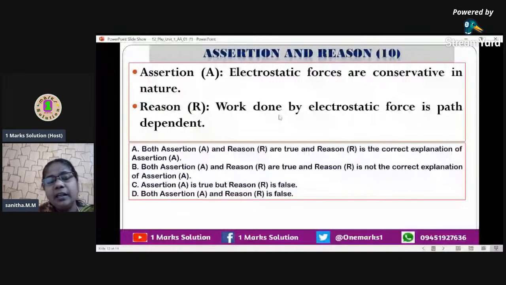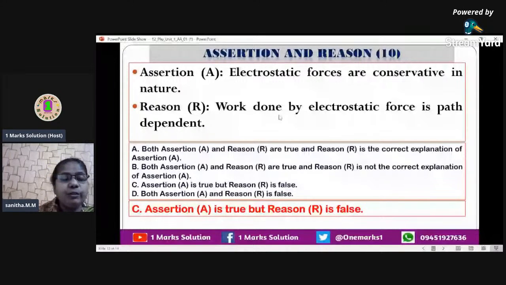That is correct. But here it is written that the work done by electrostatic force is path dependent. So we can say the reason is not correct. Is it clear?